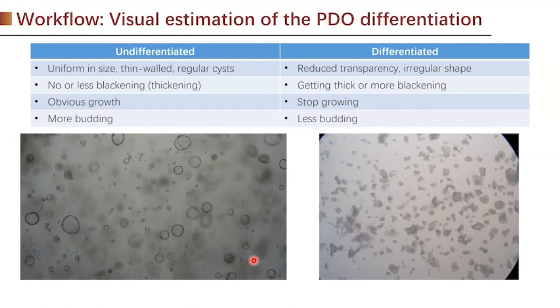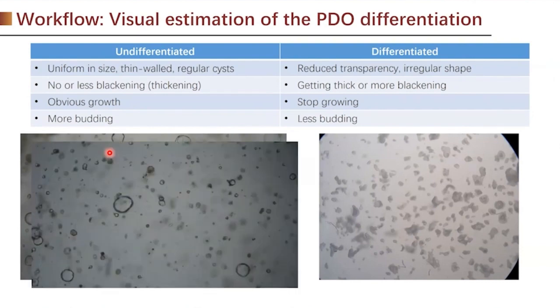In this slide I will introduce how to estimate PDO differentiation visually. Undifferentiated organoids usually present as uniform in size, thin-walled and regular, with no or less blackening, and they always show obvious growth; particularly gut organoids have more budding.